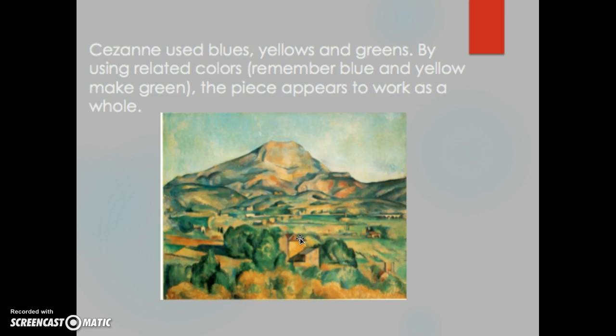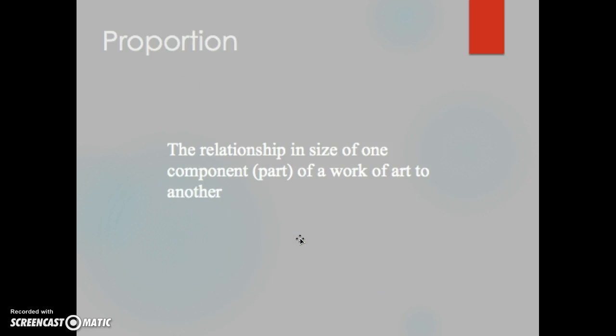It's an analogous color palette, greens and blues and blue-greens, a little bit of yellow. By using related colors, this piece works as a whole. Nothing stands out. Nothing is truly emphasized so much that it contrasts with the rest of it. It all blends together in a very pleasing arrangement.